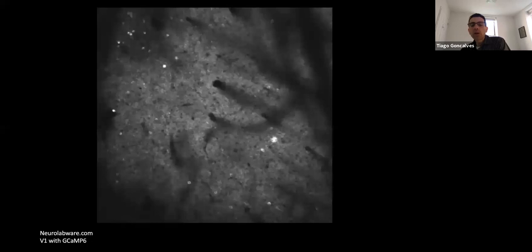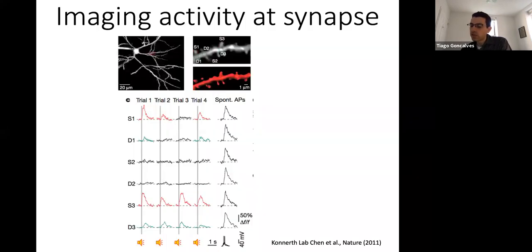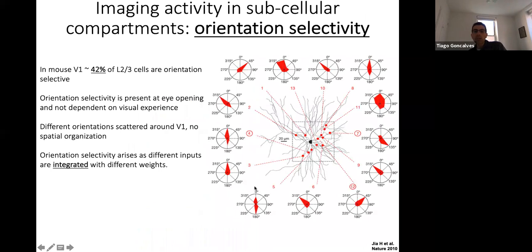Next week, I'll try to talk a little bit about all-optical interrogation of circuits, like the ability to use channelrhodopsin and imaging simultaneously. The other thing you can do is image activity directly at synapses. And this is work by the Connor's lab: you can actually image calcium signals from individual synapses, which is just really amazing.